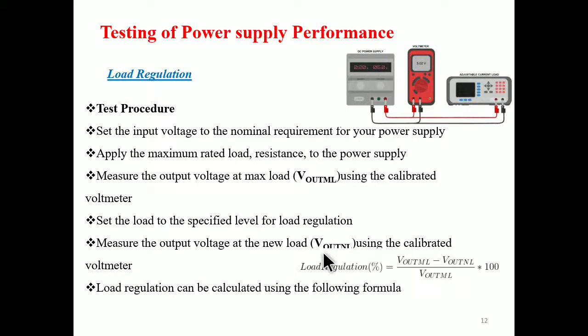Now find the V out NL, that is, the new load. Based on this value, you can find the load regulation in terms of percentage: (V out ML minus V out NL) divided by V out ML, multiplied by 100. This is the formula to find the load regulation. Keep in mind the load regulation should be a few millivolts, or the percentage is 0.01.